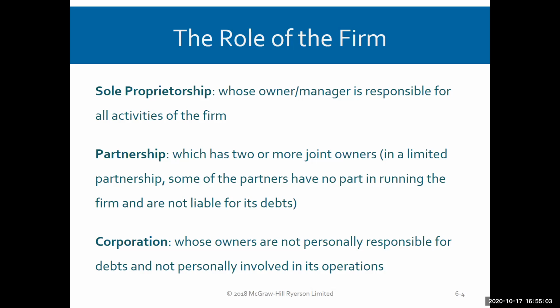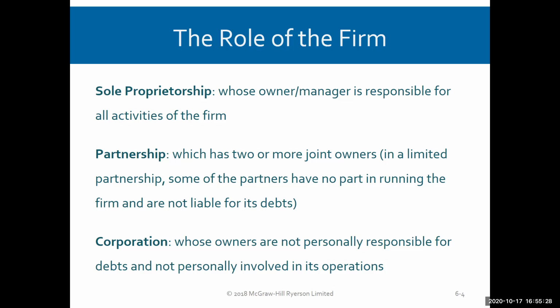But you have to also be careful with the partnership because although some of the partners have limited liability and no part in running the company, others do have liability and are actively involved in running the company, so they too can be responsible for debts and legal ramifications of operating that business on a day-to-day basis.